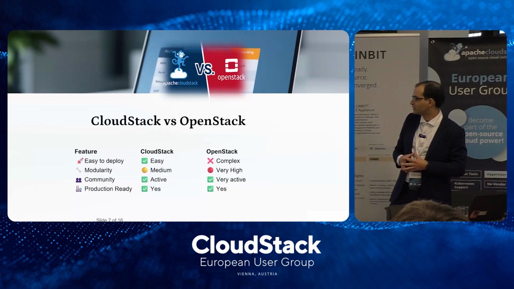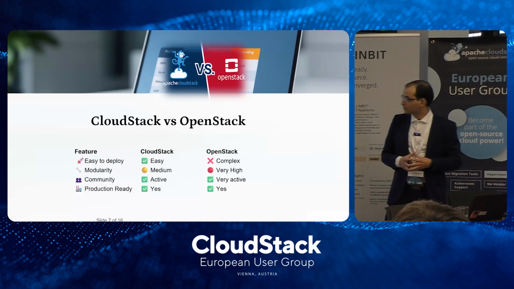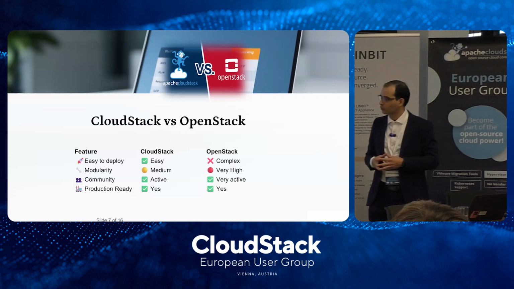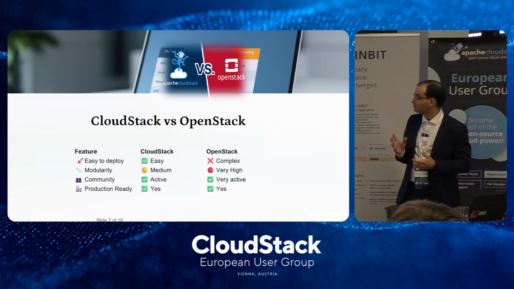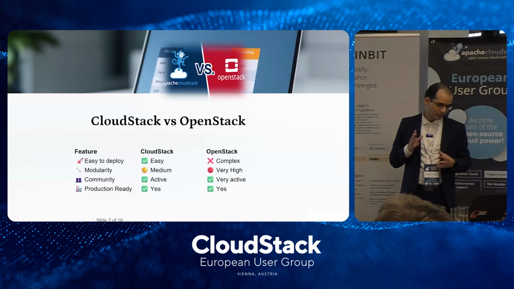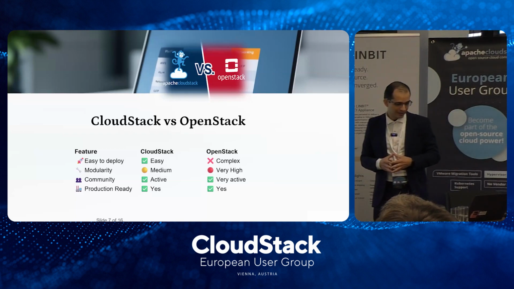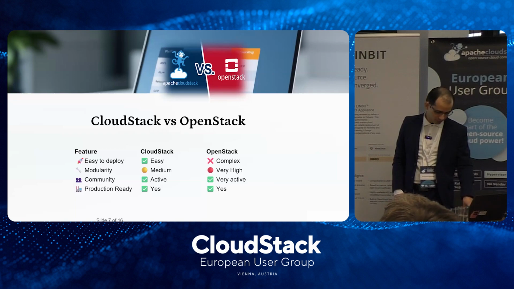And of course, it's production ready, like OpenStack. But again, what made us choose CloudStack was basically it was easy. It was easy to deploy, easy to onboard the team, and it was very easy to learn. I think that we cannot say that about OpenStack.